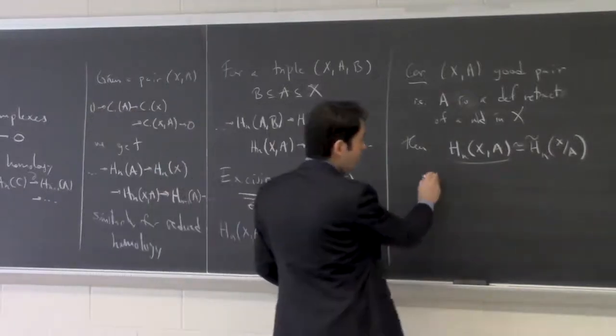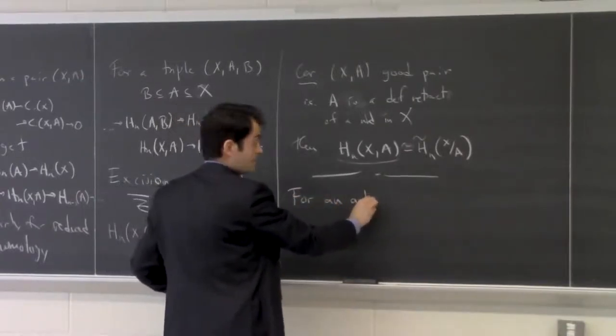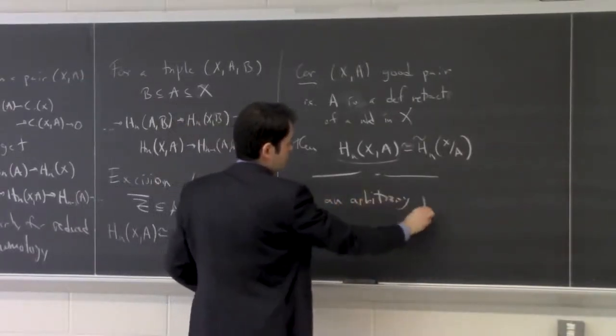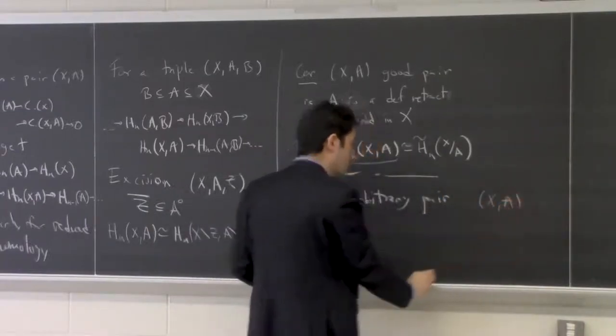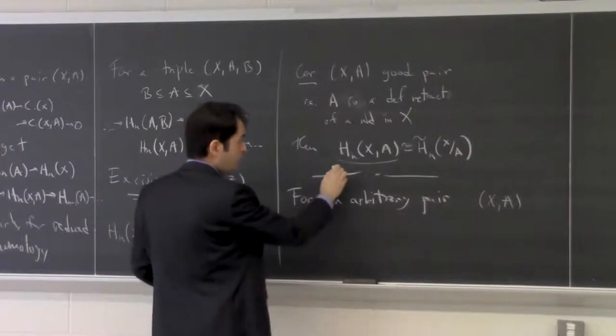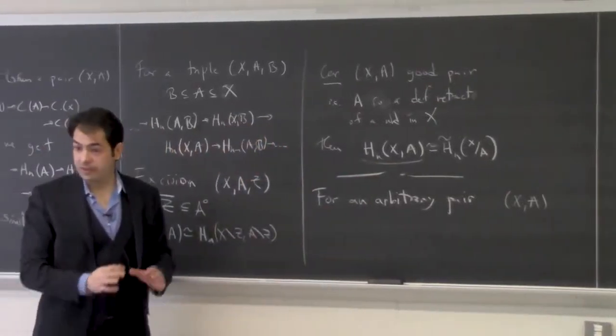For an arbitrary pair, something similar is true, in that the homology groups are going to be the homology groups of a space.